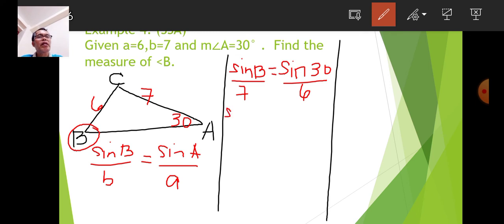Sine B is equal to 7 times sine 30 over 6.